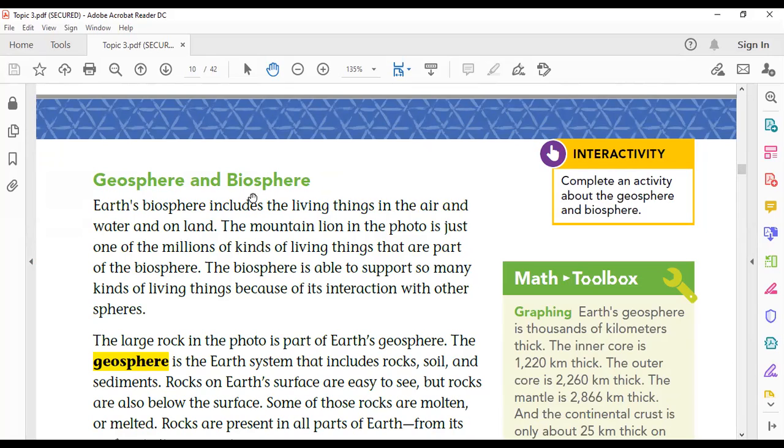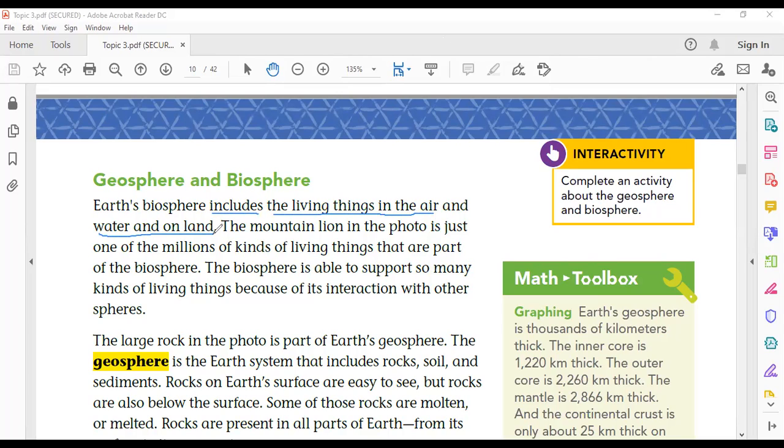Geosphere and biosphere. Earth's biosphere, as we mentioned, includes the living things in the air and water and on land. Please remember that living things are not found only on land.